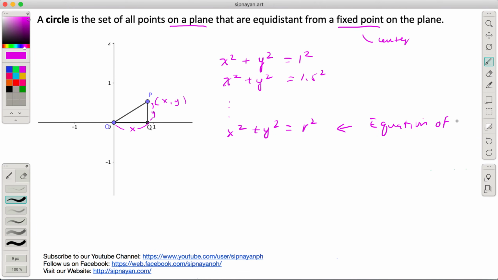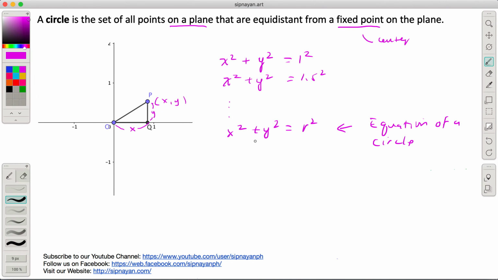of a circle. Wherever P goes on the circle, it can be described by this equation. It's the lengths of the two shorter sides, and this is the radius. So this is the equation of a circle.